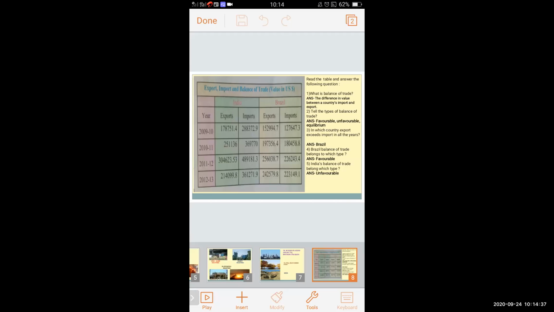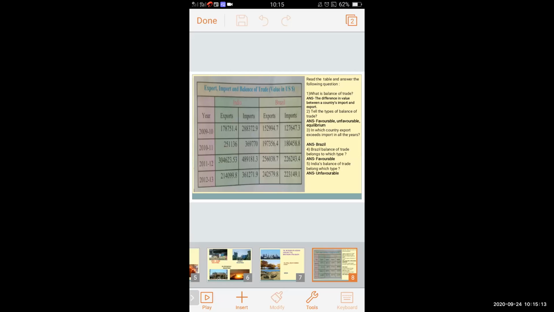In 2010-11 in India, there is 2,51,136 export and import is 3,69,770. So from this, it is known that import is also more and export is less. In 2011-12, there is also the same condition.